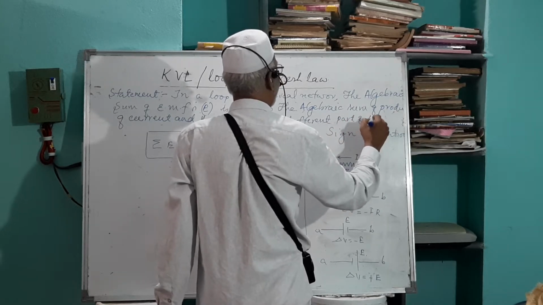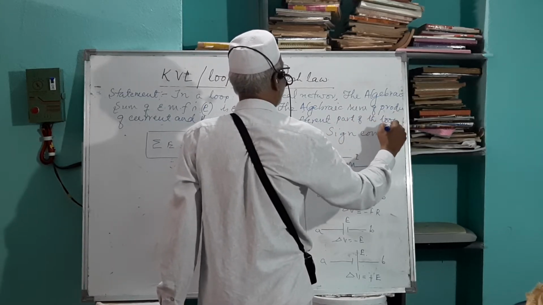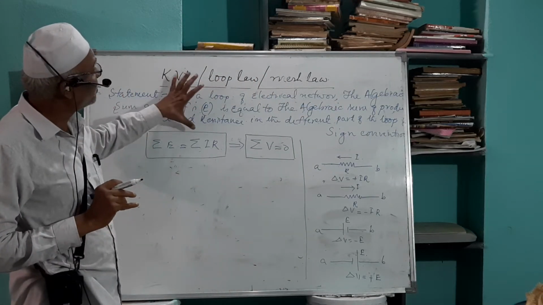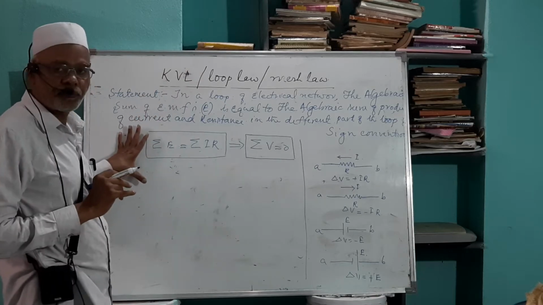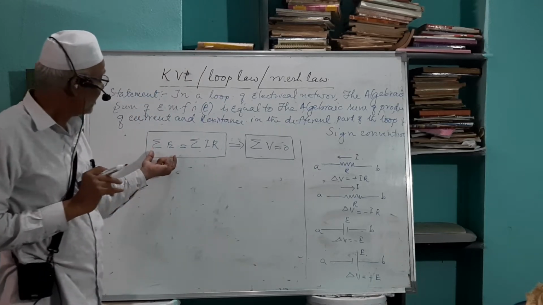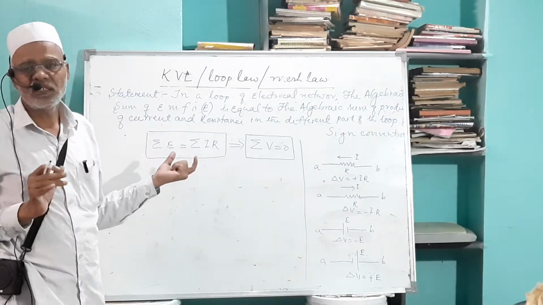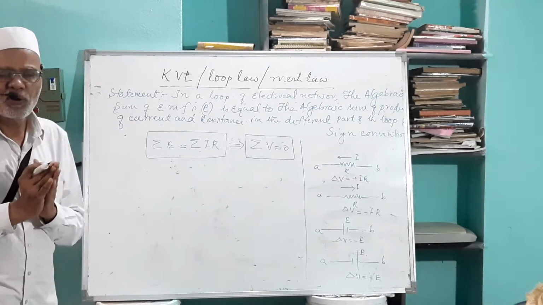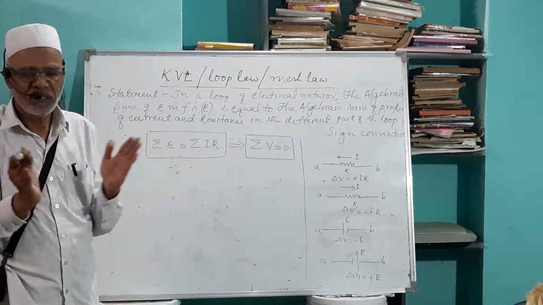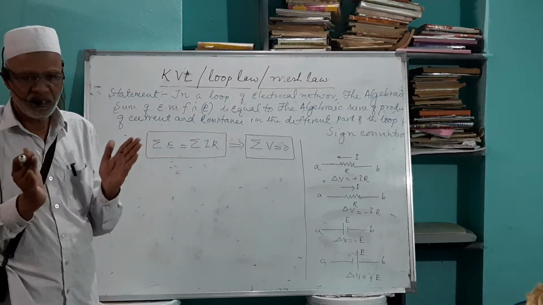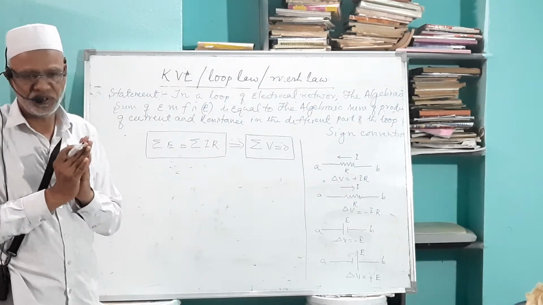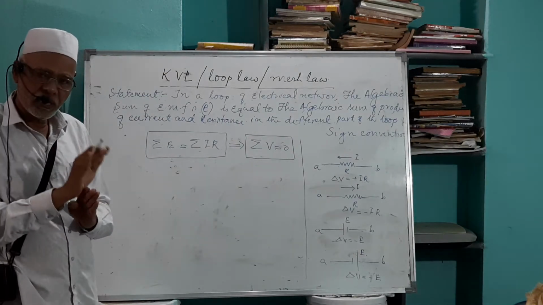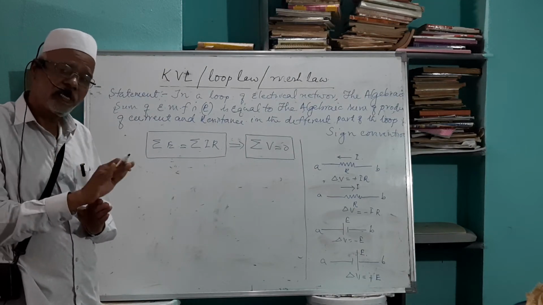So once again, this statement contains 2 parts. On the left hand side, you have to make the sum of EMFs. If, for example, 3 cells are there, you have to make the sum of the EMFs of the 3 cells using the sign convention, which is equal to the algebraic sum of the product of current and resistance.